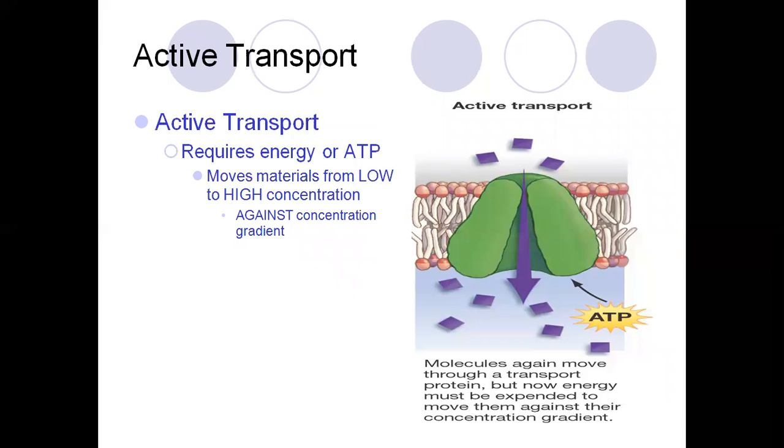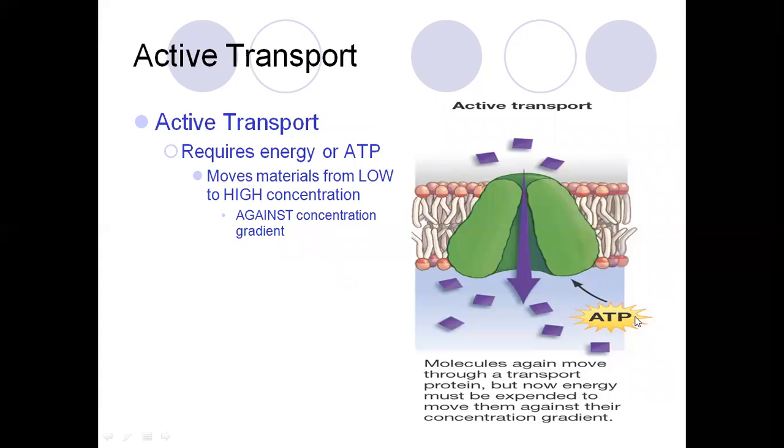So active transport requires energy, or ATP. It moves material from lower to higher concentration, against the concentration gradient. Molecules move through a transport protein, but now energy must be expended to move them against their concentration gradient. So we can see that if any material wants to enter, it requires energy.